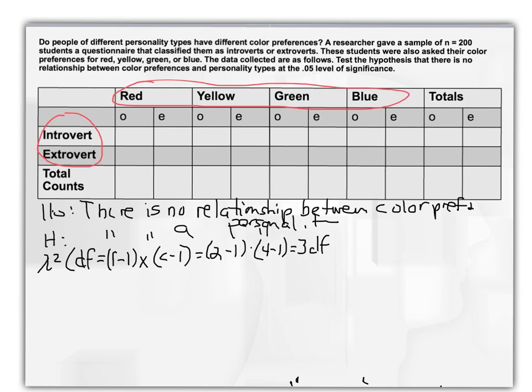Find 3, go to your table, find the row for 3 degrees of freedom, and go to the 0.05 level of significance, and we need a chi-square value greater than 7.815.